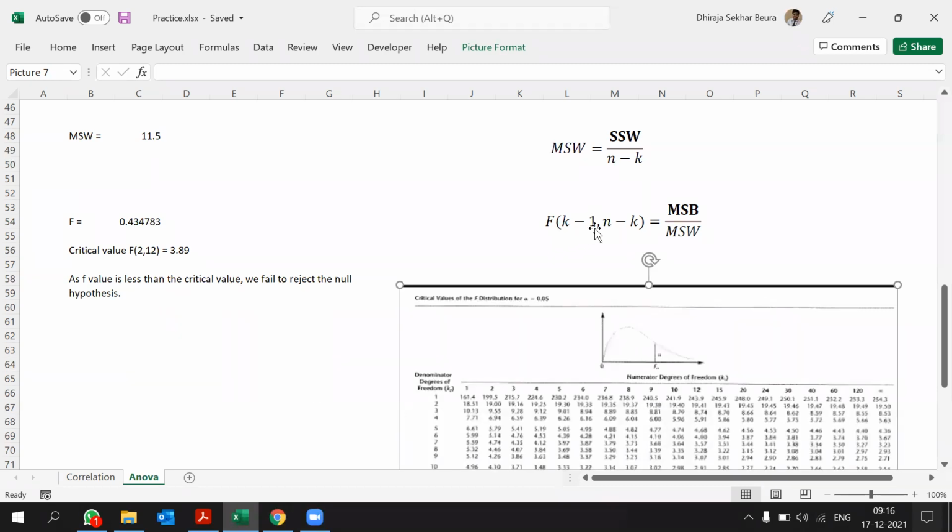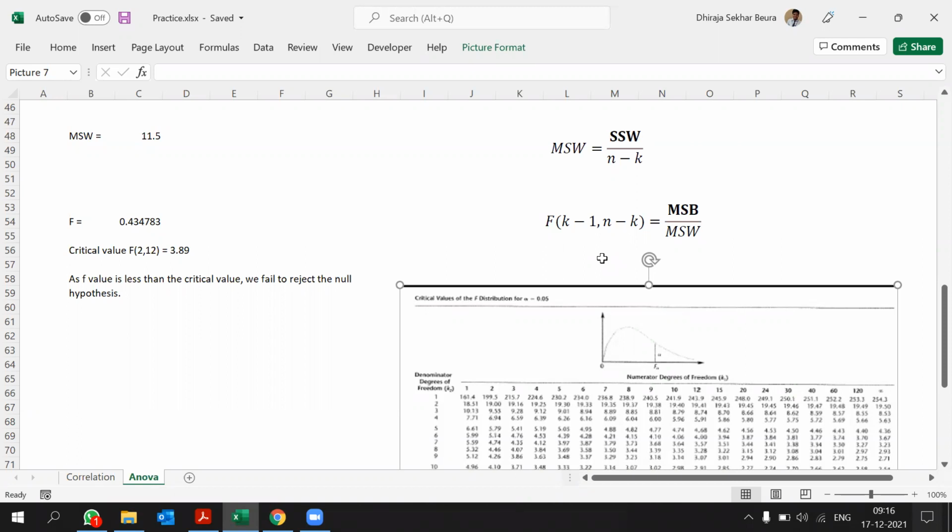One was K minus 1, one was N minus K. These are nothing but degrees of freedom. There are just names assigned to some numbers. K minus 1 is a degree of freedom. N minus K is a degree of freedom. K minus 1 in our example is 3 minus 1. 3 is the number of groups, minus 1, that is 2. N minus K is the total number of observations, that is 15, minus K which is 3, that is 12.